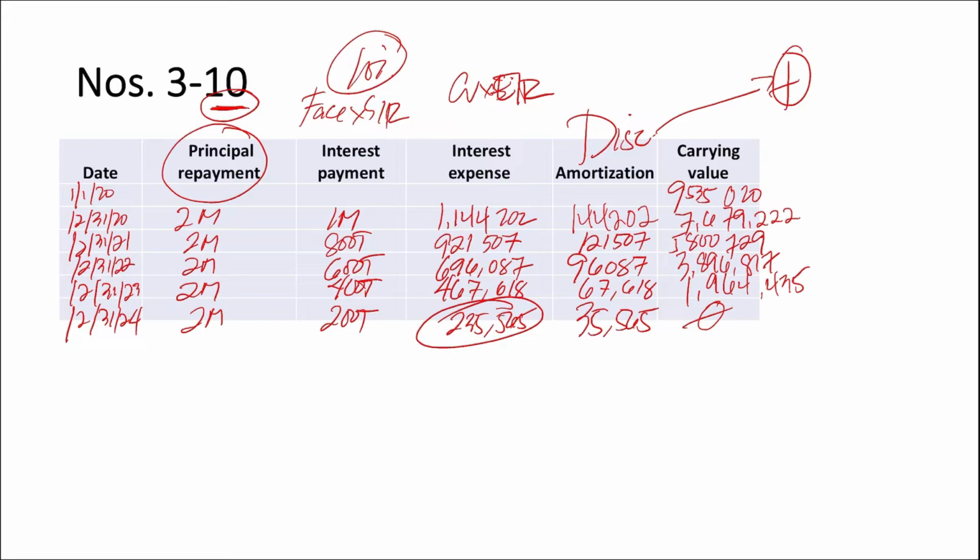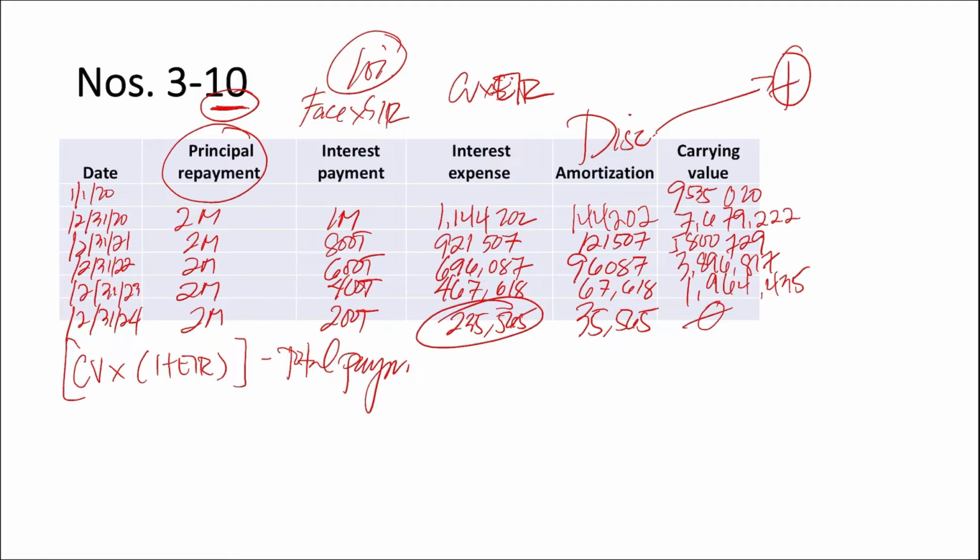Okay? Now, kung gusto niyo malaman agad kung magkano yung carrying value at the end of the period, pwede namang gawin yung ganito, guys. No? Shortcut natin is CV times 1 plus effective rate minus total payment.